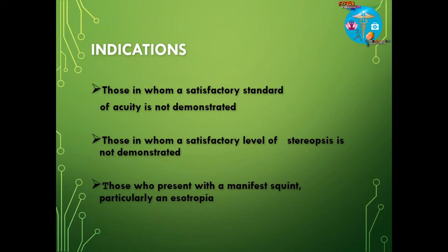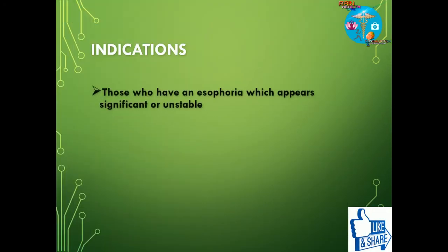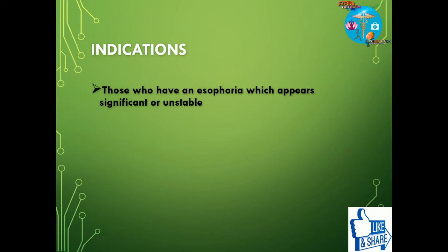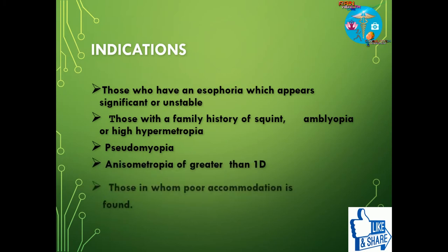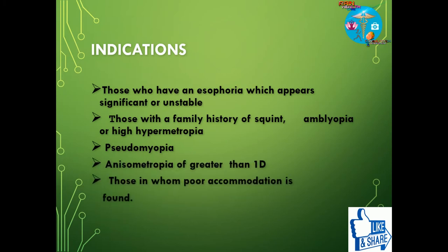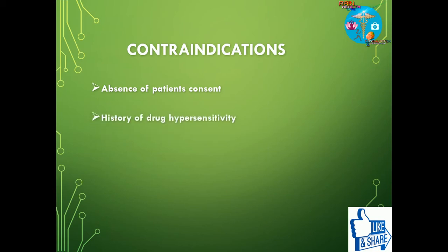Also manifest squint, in case of esotropia, and also in case of esophoria, and also in case of family history of squint and amblyopia or high hypermetropia patients. The next cases are pseudomyopia and anisometropia of greater than 1 diopter, and those in whom poor accommodation is found.